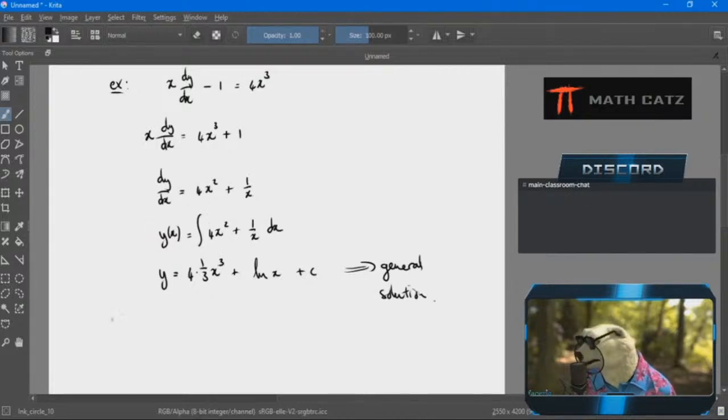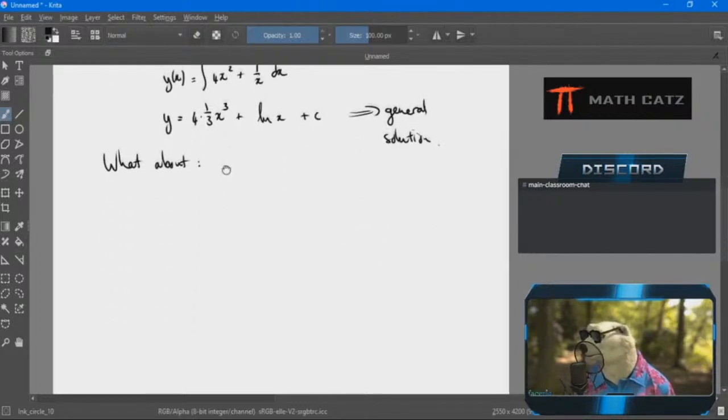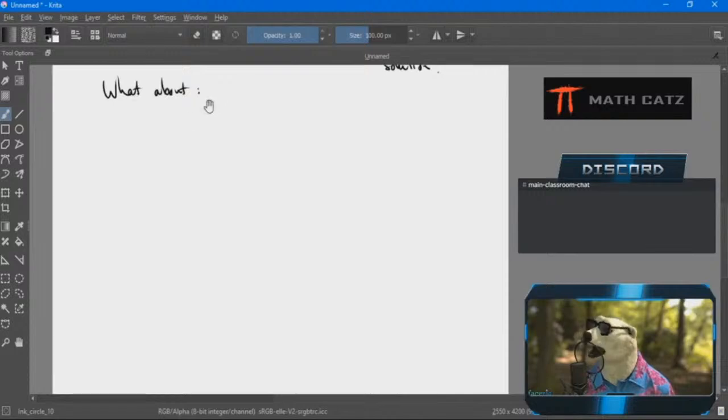The problem, however, is what if we have more complicated differential equations? Not like this example where we just have x's, but maybe there are some y's in there as well. So what about an equation like, let's say, y dy/dx?